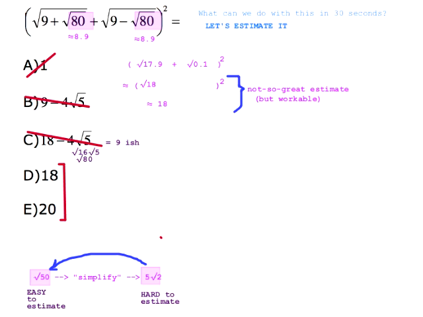But this is what people would guess if they just squared the rad 9 parts and ignored the square root 80 parts.